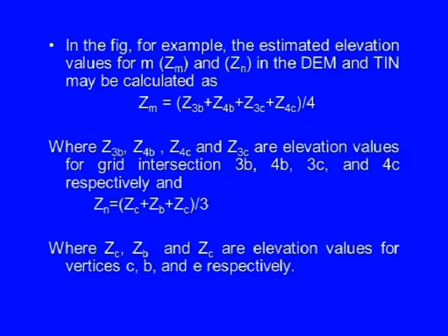The value of ZN in the TIN model can be computed as ZC plus ZB plus ZE divided by 3, where ZC, ZB and ZE are the elevation values for the vertices C, B and E respectively.